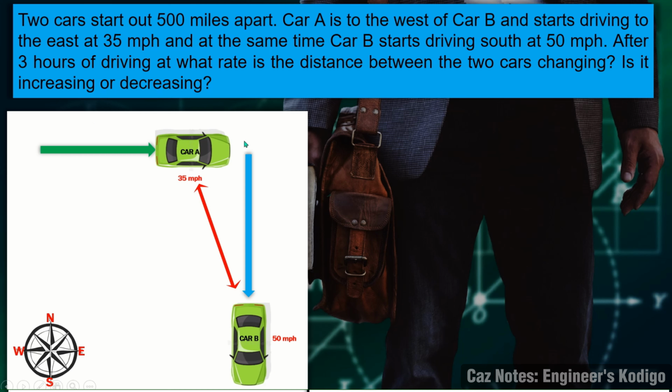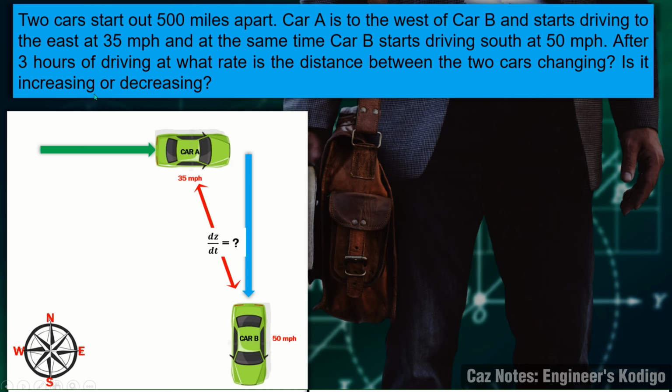Before we conclude that this graphical representation is the correct representation of this problem, we need to verify first. So how are we going to do that? By the way, this distance, we will represent as the variable z. So we are looking for the rate of change of z with respect to time, so we have here dz over dt.